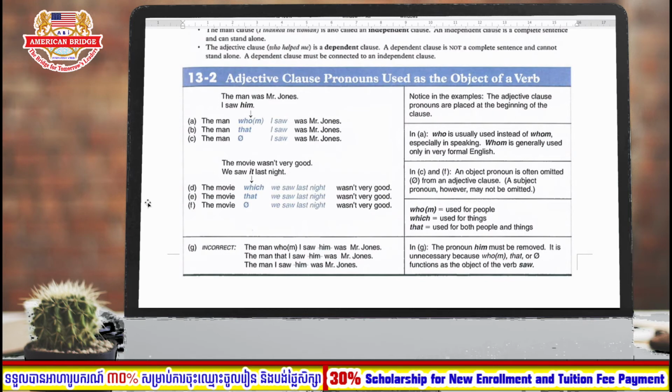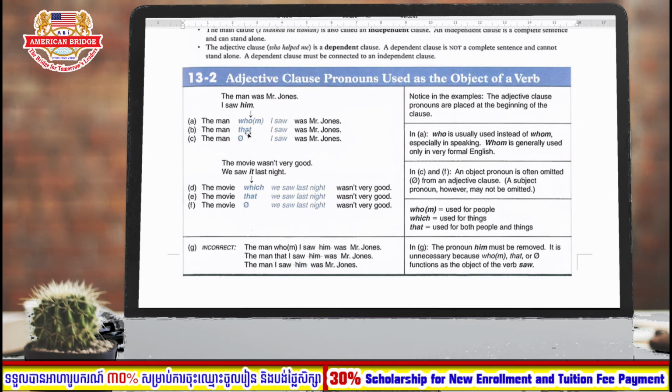You can say the man who or whom I saw was Mr. Jones. Here the word whom refers to the man, and the man was Mr. Jones, I saw him. So the adjective clause pronoun whom refers to the object. The man that I saw was Mr. Jones, so you can use the word that.